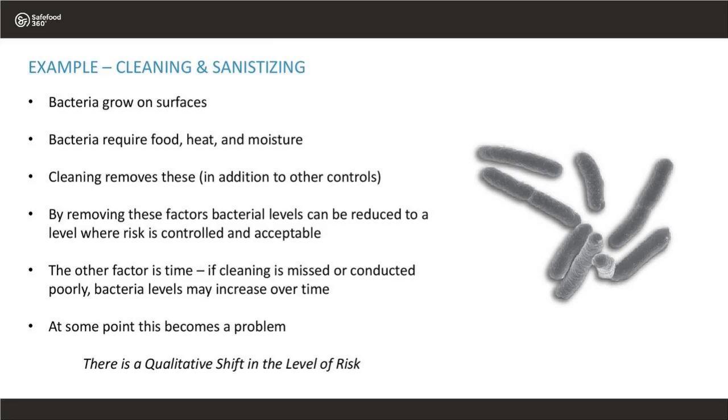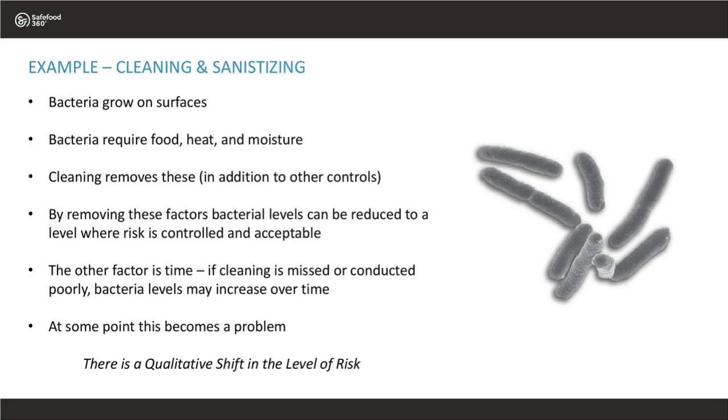We also know that cleaning removes the levels of these bacteria should they start to grow, and obviously other controls as well. By removing these factors, we can then reduce the levels of these bacteria to a level that's acceptable. And here again, we see the introduction of an event, a time-based event, which offers some level of control.